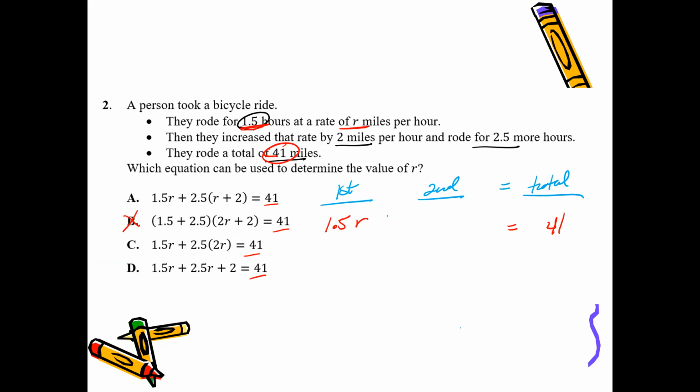Then you take a look at the second equation. Increase is a keyword: they increase the rate by 2 miles per hour, and then rode it for 2.5 hours.